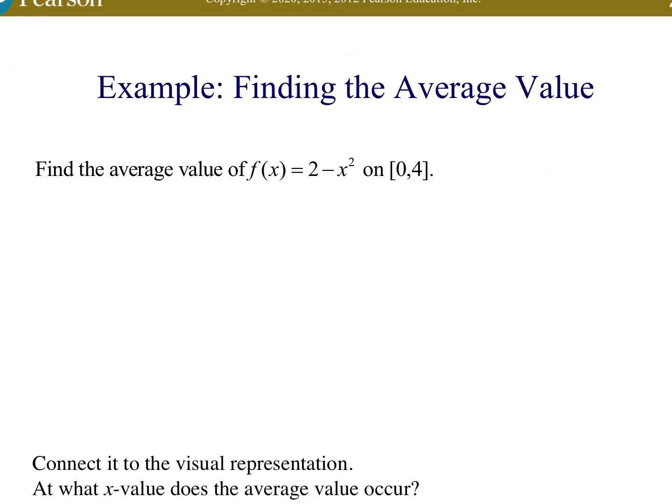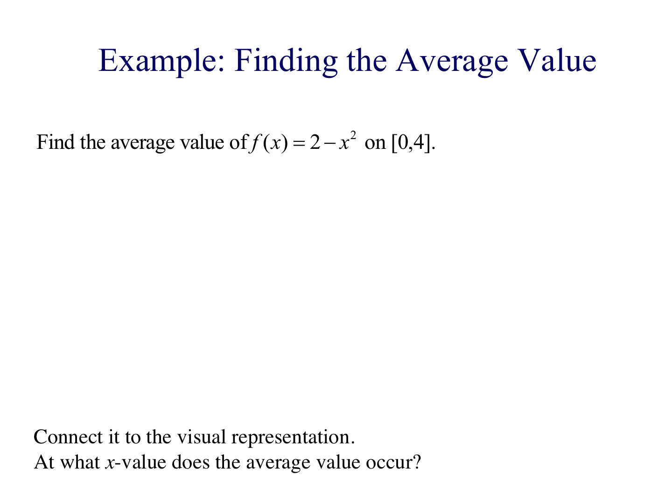So let's try it. Let's find the average value of the parabola 2 minus x squared on the interval from 0 to 4. Let's do it first, and then we'll connect it to what the visual means.